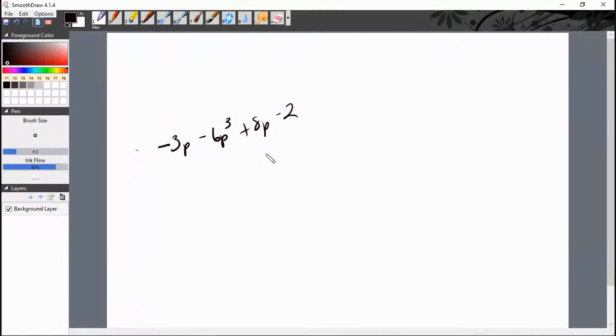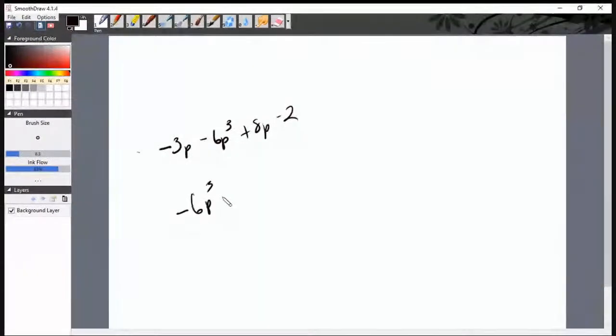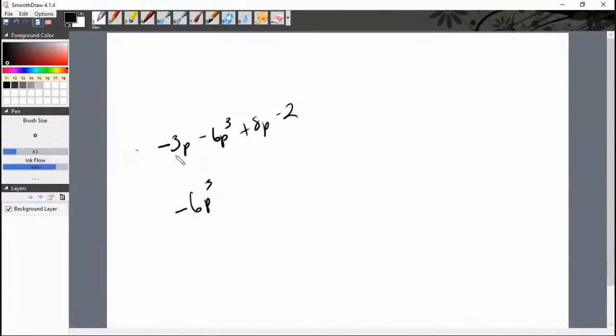Okay. So we know that the negative 6p to the third power, there are no like terms with that. So we can just go ahead and rewrite this down here because we know this is going to be standalone, right? Negative 3p and 8p are like terms, right? So if we have negative 3p plus 8p, then we're going to have a positive 5p.